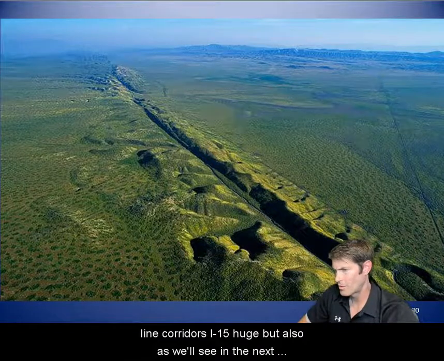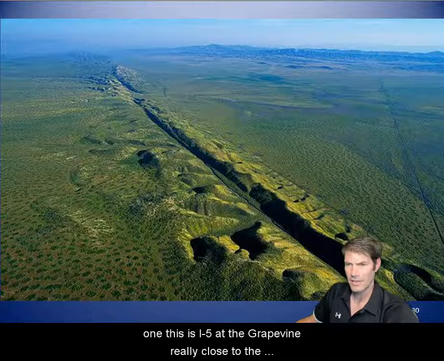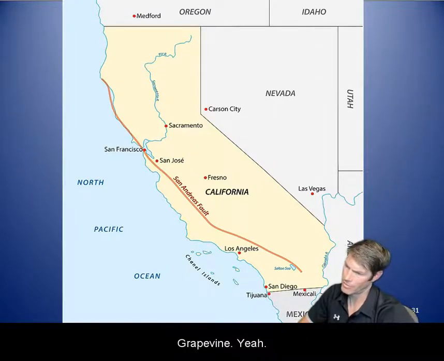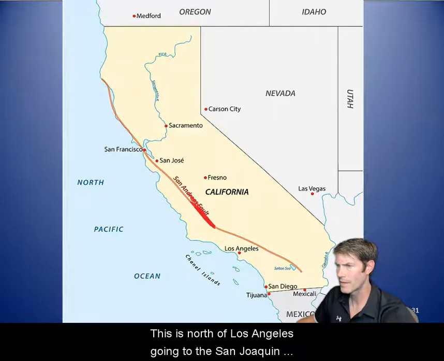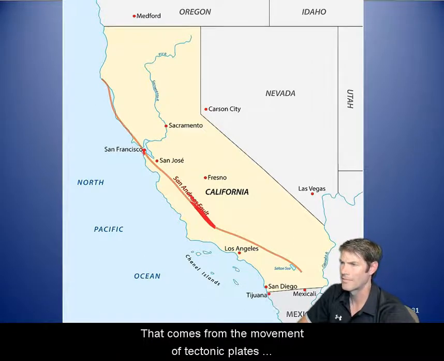Here's another cool picture. When you can see geology like that out in the open, that's pretty cool. But yeah, Carrizo Plain, right about there. In the video, we see that little spot, right south of San Francisco, where the fault comes back in.